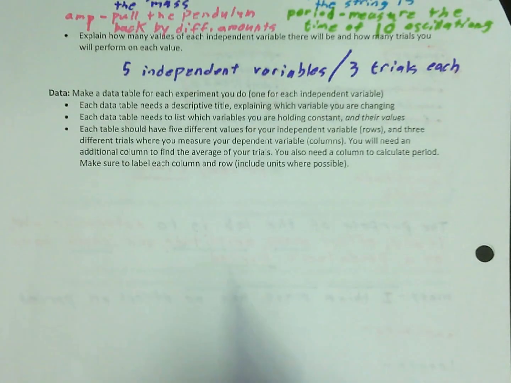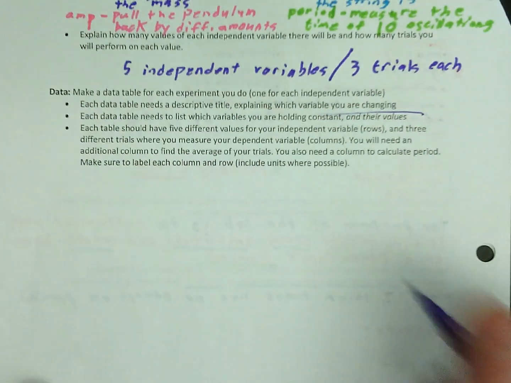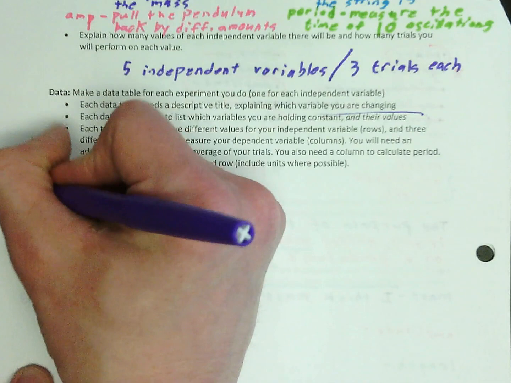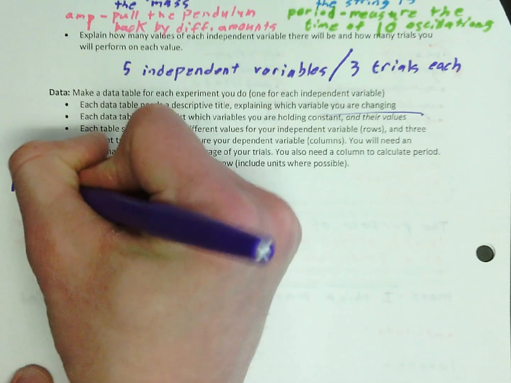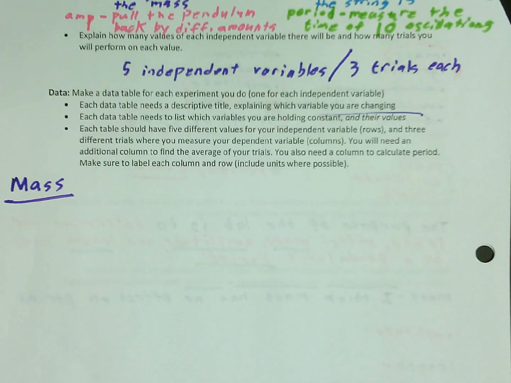The one we're going to do together is mass. So the first thing it says, each table needs a title explaining what variable you're changing. So I'm going to write mass. Off to a rip-roaring start here. Okay.